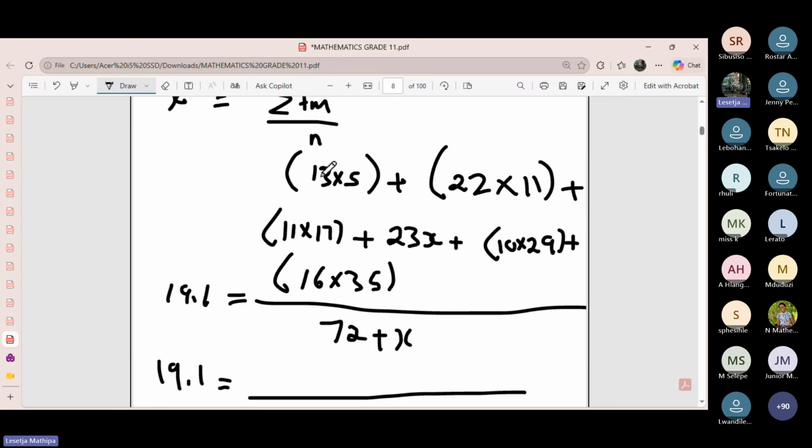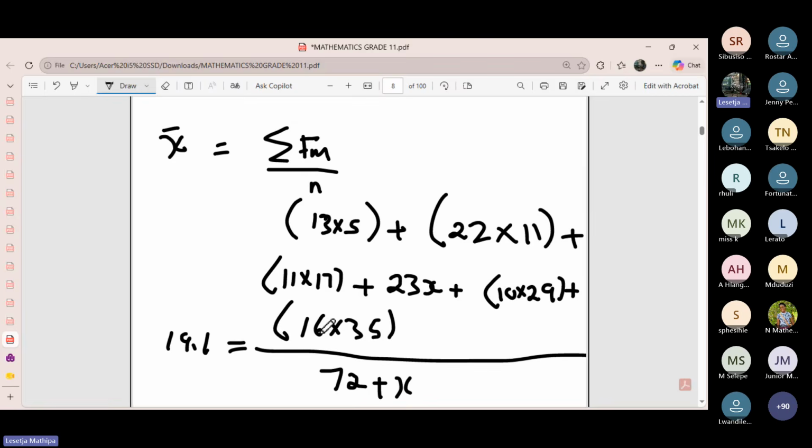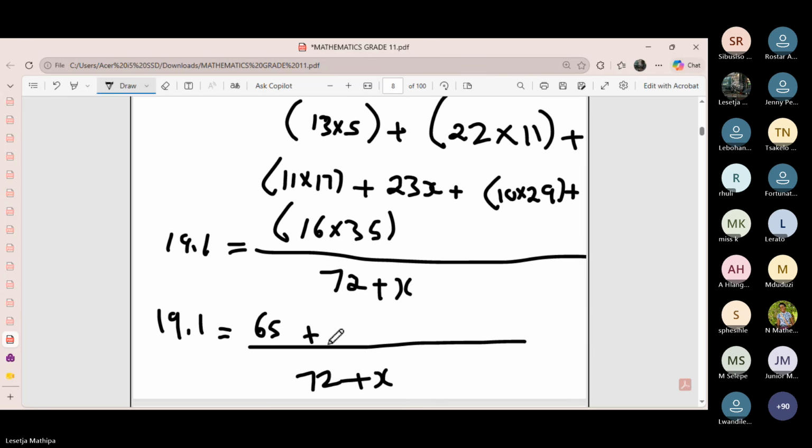Let's start. 13 multiplied by 5 is 65. Plus 22 multiplied by 11, which is 242.